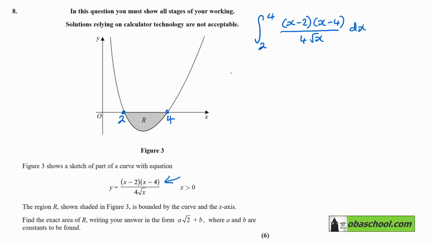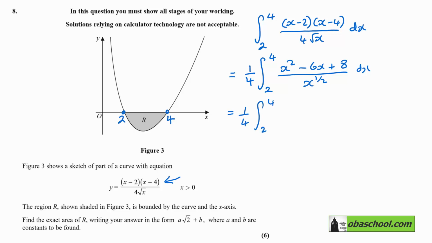Now, there are various ways of doing this integration, but I think the most straightforward way is just to simplify the algebra. Let's bring the 4 in front, and we have the integral from 2 to 4 of, expanding the top, x squared minus 6x plus 8, and the bottom is x to the half. And then we can split the fraction.